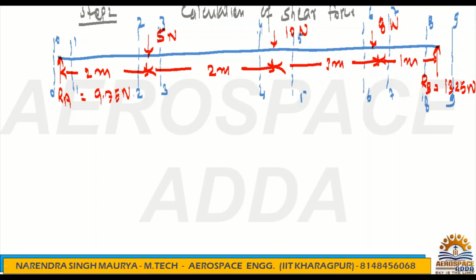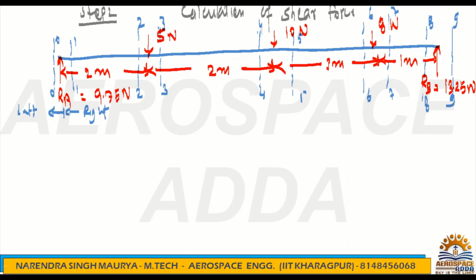Similarly, 2, 2 is left to the 5, and 3, 3 is right to the 5. And also 2, 2 is right to the RA. See, where is 2, 2? It is the right side to the RA, right? Where is 0, 0? It is left side to the RA. See, this is the RA. So this side is left, and this side is right.